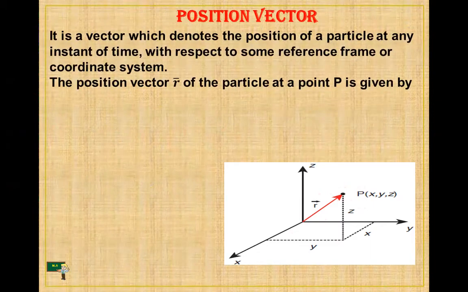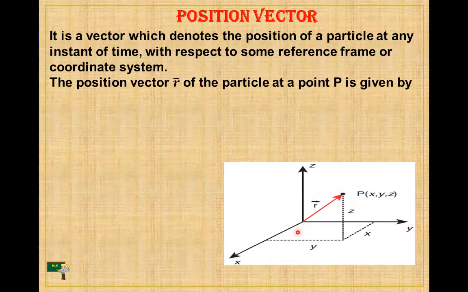Now let's see what it denotes. It is a vector which denotes the position of a particle at any instant of time. This particle P at any instant of time is described with respect to some reference frame or coordinate system.